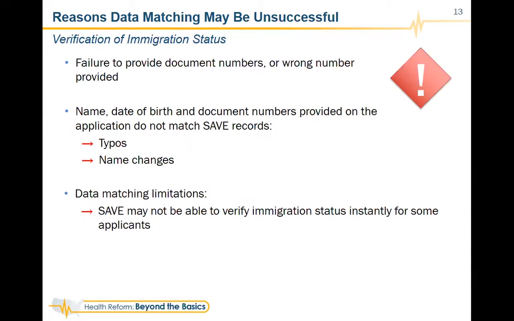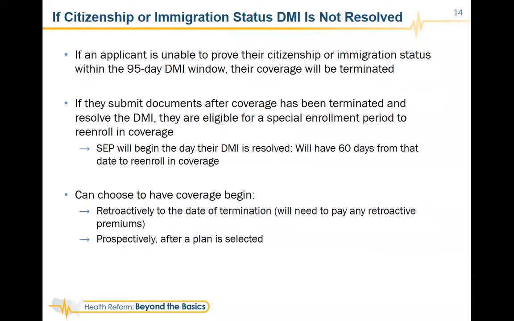There are some complications. There are certain groups of folks that they will never be able to verify like this in real time. Others, it might just be a matter of timing, right? Maybe you're working with somebody who just arrived here, they just got their status, or there might be a delay in terms of being able to have the data that's needed. There's a variety of reasons why this could happen.